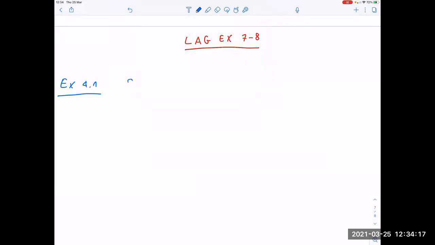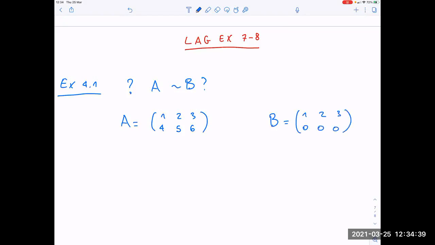So we are asked to decide whether these two matrices are row equivalent, where A is something like this: 1, 2, 3, 4, 5, 6. And B is something like this: 1, 2, 3, 0, 0, 0.